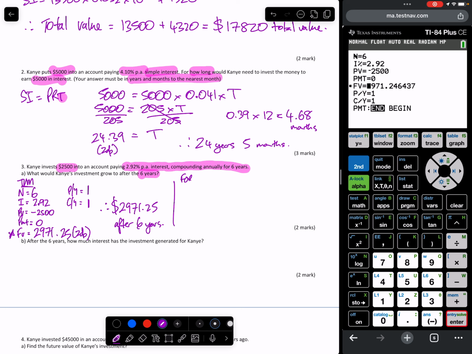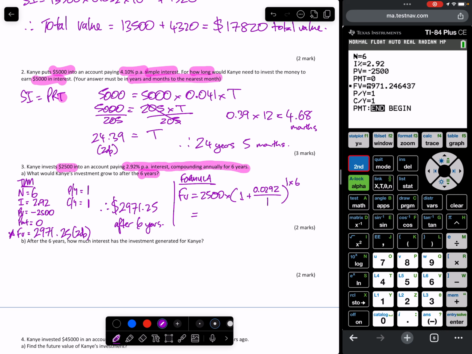Formula method. FV equals PV, 2,500, times 1 plus the interest rate as a decimal, 0.0292 over K, the number of compounding periods per year, which is 1, to the power of K times N. So it's 1 compound period per year times 6 years.